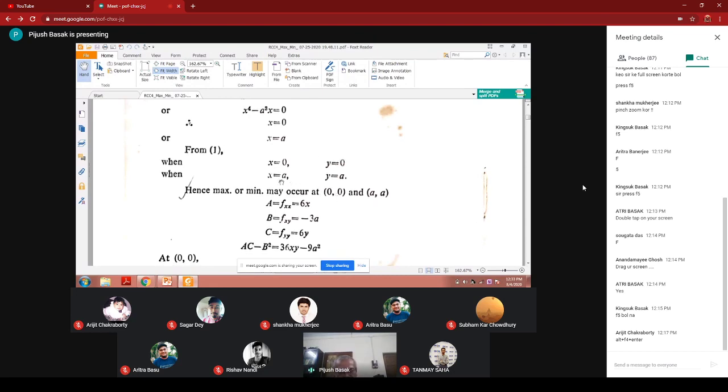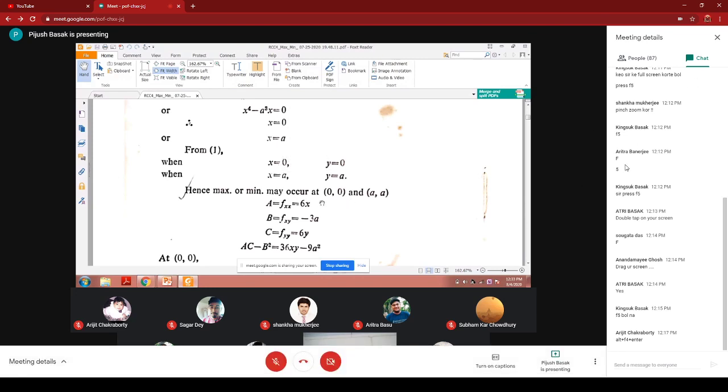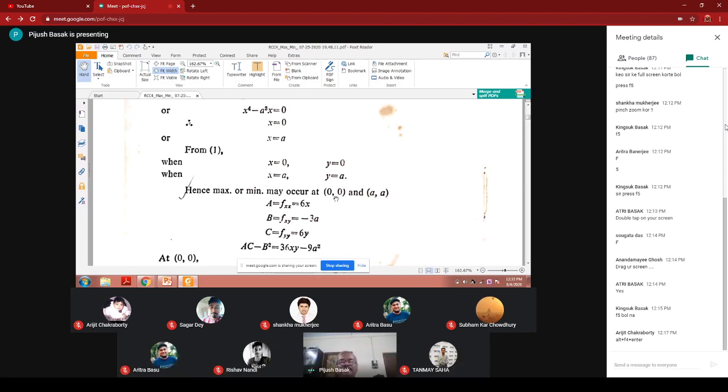And another is x is equal to a, y is equal to a. At these two points, the curve has a maximum or minimum. But which point is what? Whether (0,0) is a maximum point or minimum, for that we have to go forward. And whether (a,a) is maximum or minimum, that also we don't know. We have to examine the following things.